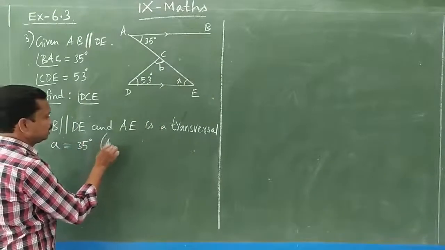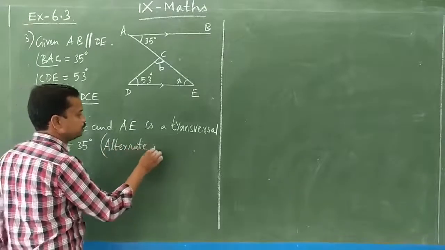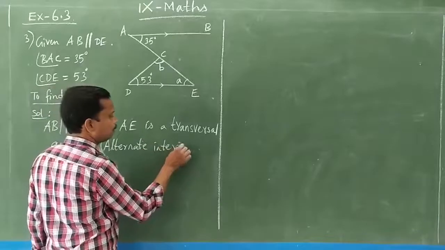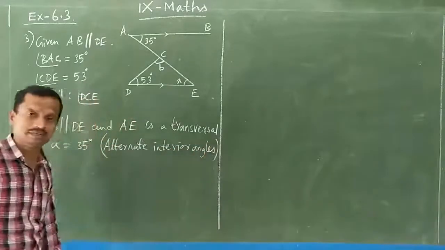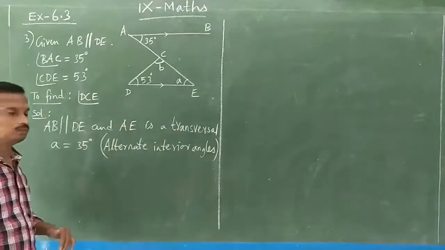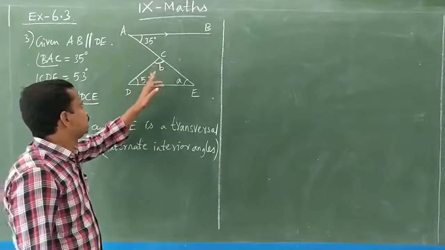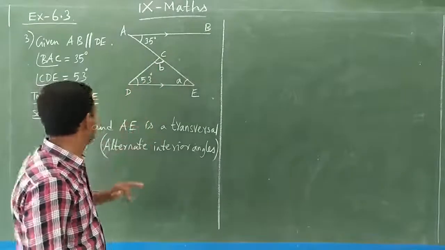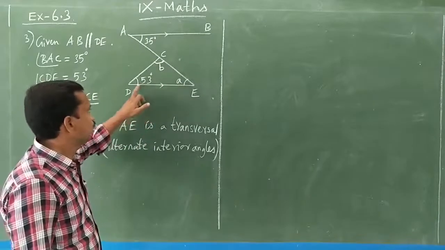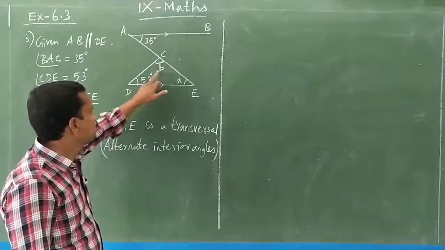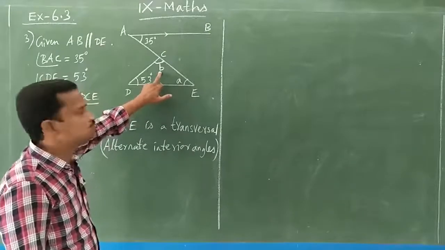In bracket we can write alternate interior angles. So they are equal. And now in this triangle CDE, now we found A and already 53 is there, and B only we have to find. So that is DCE.